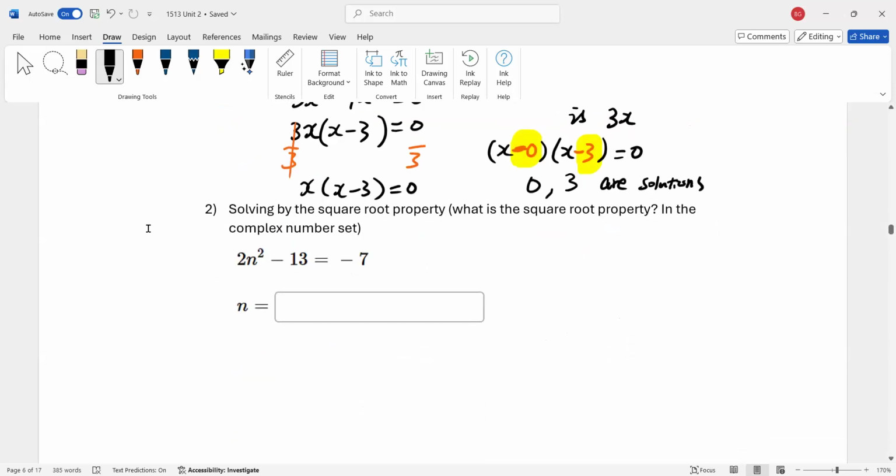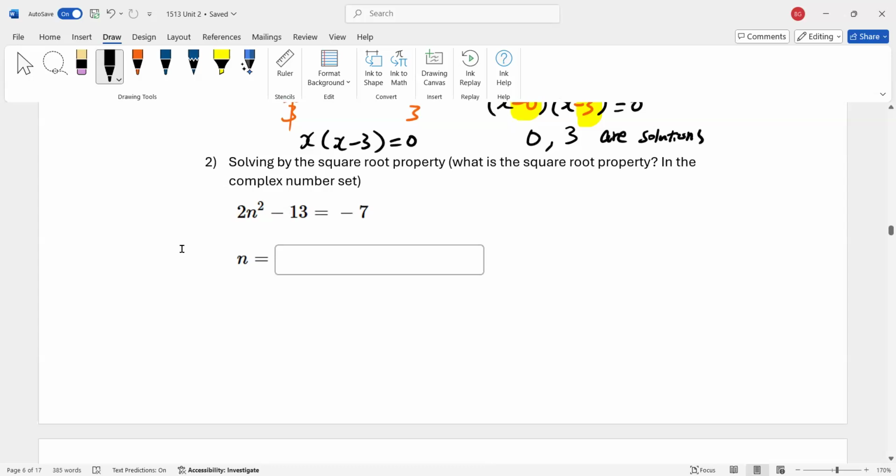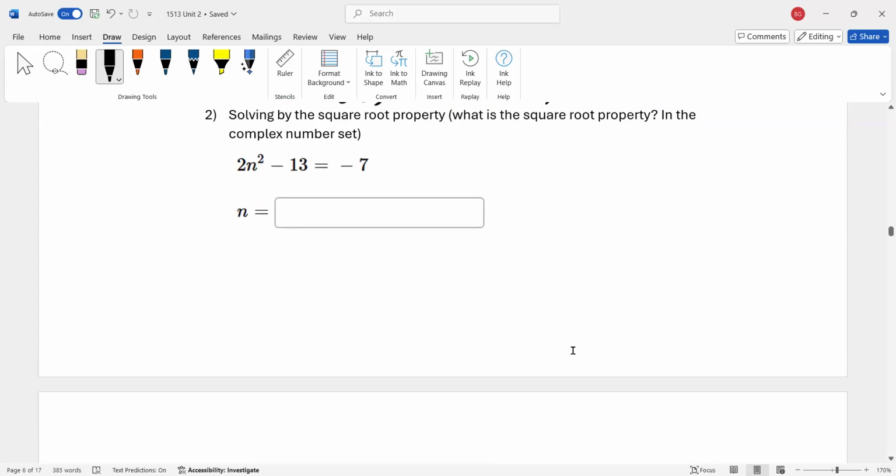Second method, solving by the square root property. Then we need to know what the square root property is, right? Let me give you the square root property here. The square root property says if x squared equals a, where a here could be any real number, then x is plus minus root a.